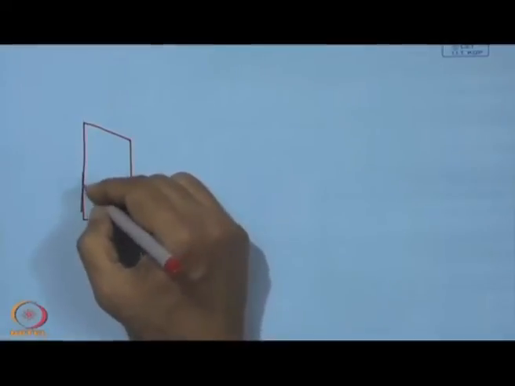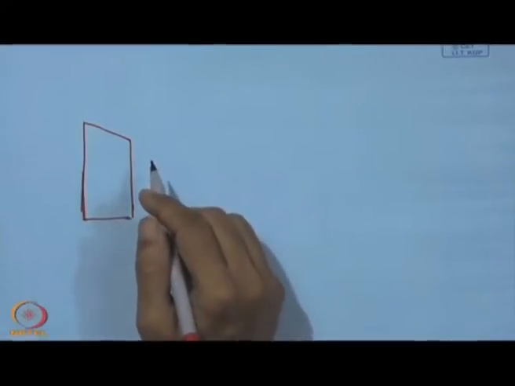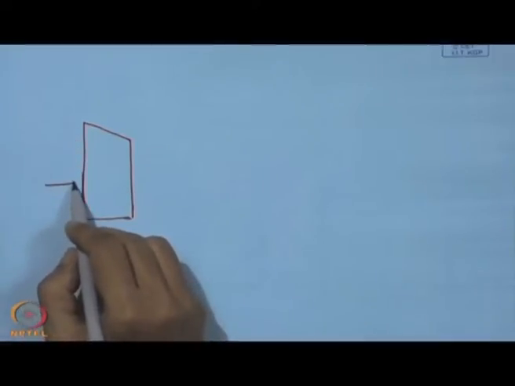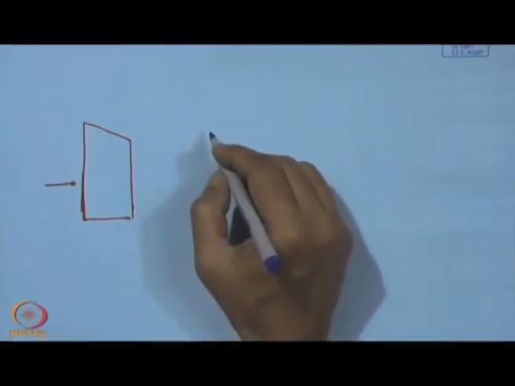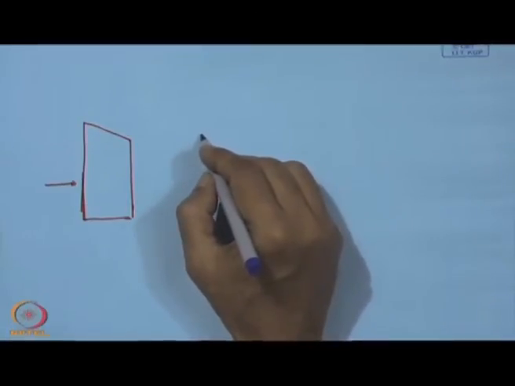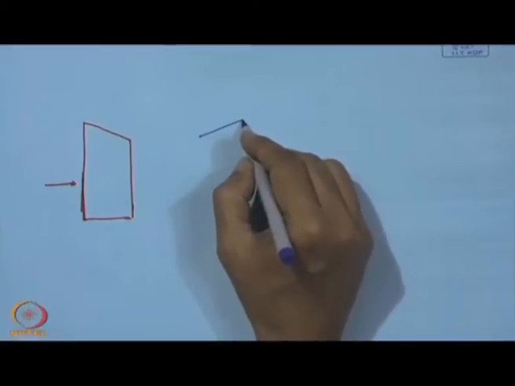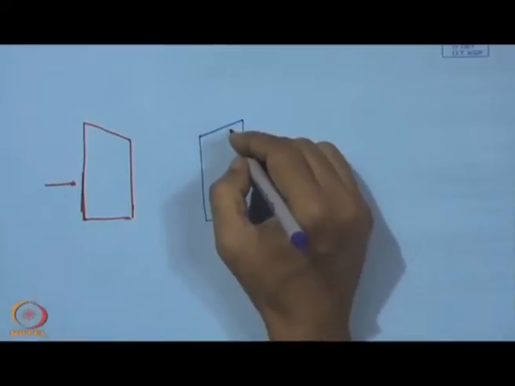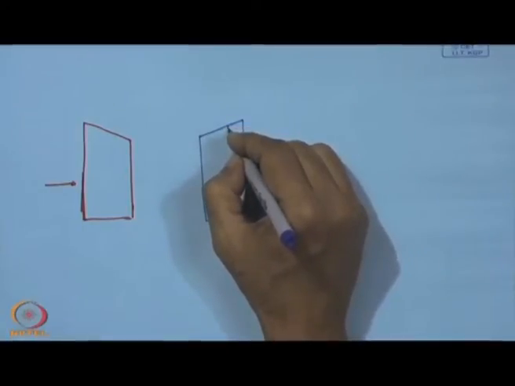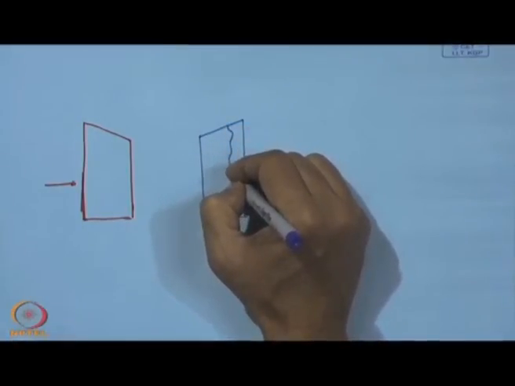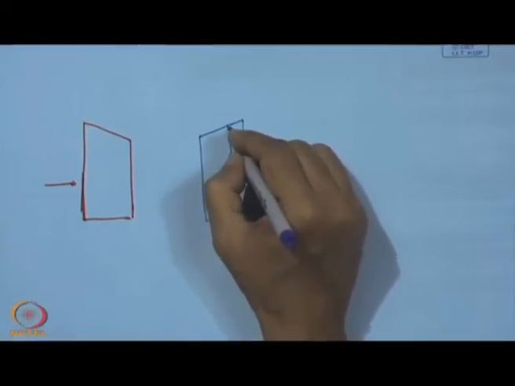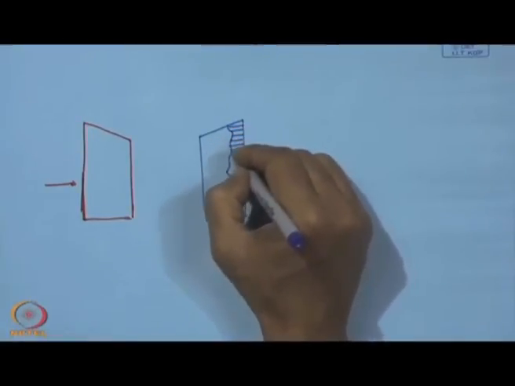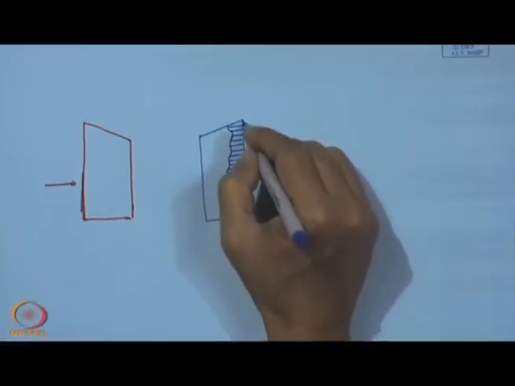This is the top surface of the tool, and if we see the view from this side, we can have a look like this. This is the tool, and here we can have wear. This is called the flank wear.